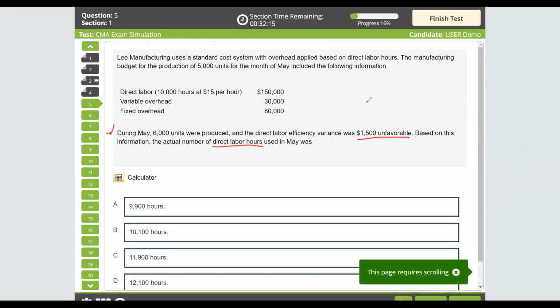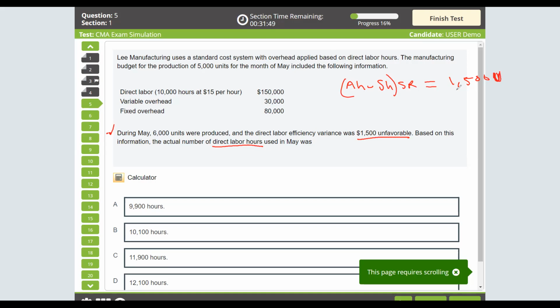So remember the formula? Efficiency variance, we have AH minus SH, that I demonstrated previously, multiplied by standard rate. So this formula should equal 1,500 unfavorable. Okay, 1,500 unfavorable.